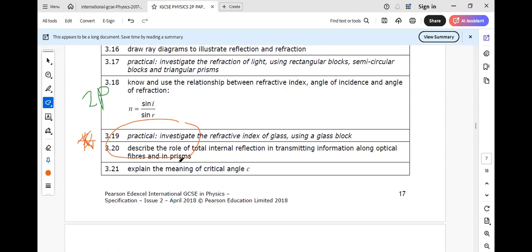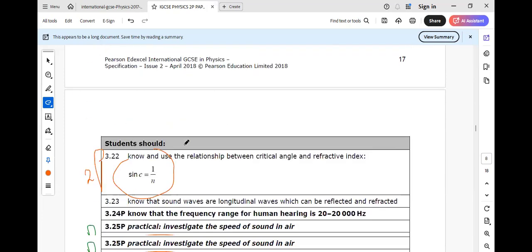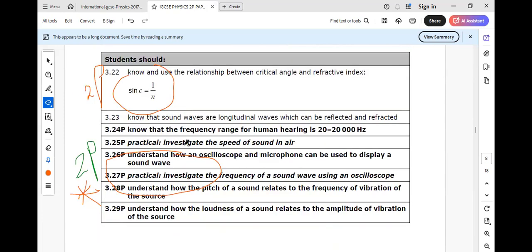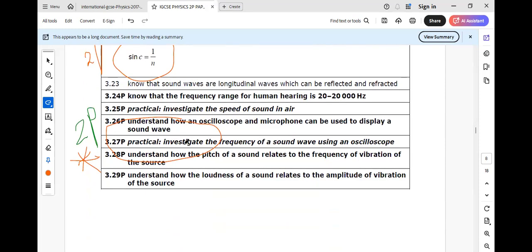That can be there too. So Hooke's law, refractive index, moments, and my highest preference is for this experiment: finding the speed of sound, a sound experiment together with an oscilloscope. So that's like the favorite.